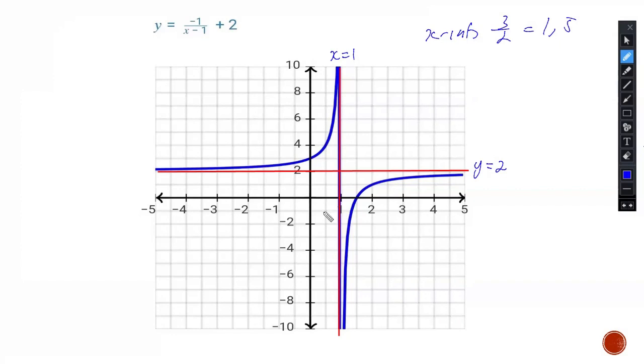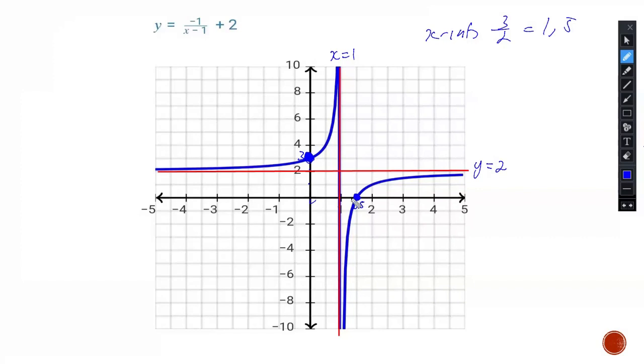Now looking at this, we can see this is 0, 0.5, 1, 1.5 here, and then followed by 2. So that's the 1.5, but then we calculated here and we found that it was 3. So looking at this, it's 0, 1, 2, 3, 4, right? So the point in here is 3, and then the point in here is 1.5. So when they say clearly show, it means that you just come here and plot.